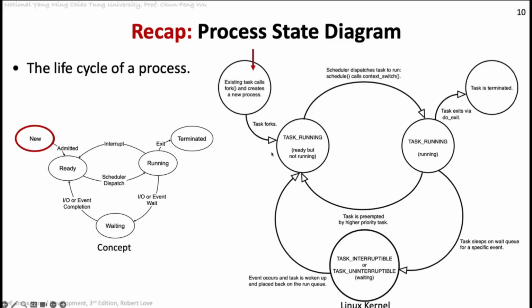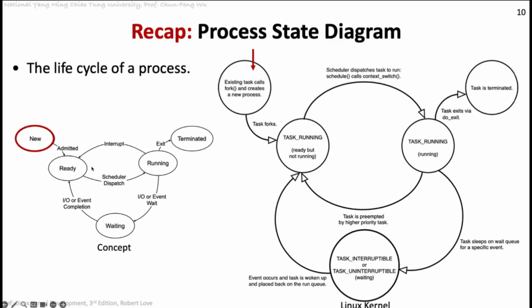Being in the ready queue doesn't mean the process is not running. It just means the process is runnable. The process still needs to wait for a CPU, because maybe there are a ton of processes in the ready queue but very few CPUs available.